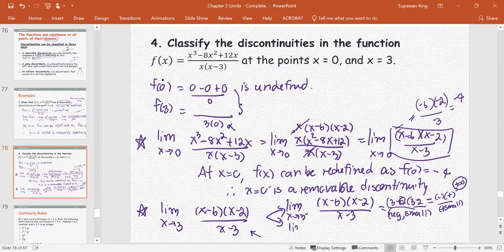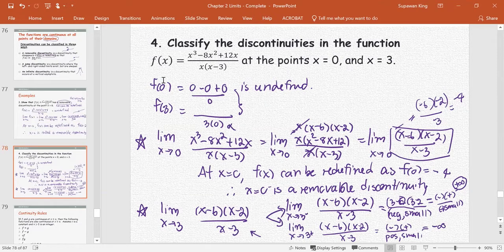And we do it a similar way for x approaches 3 from the positive side, (x - 6)(x - 2) divided by (x - 3). The denominator is a positive quantity but very, very small, and the numerator is a negative sign multiplied by a positive sign. The overall quotient is negative but very large.